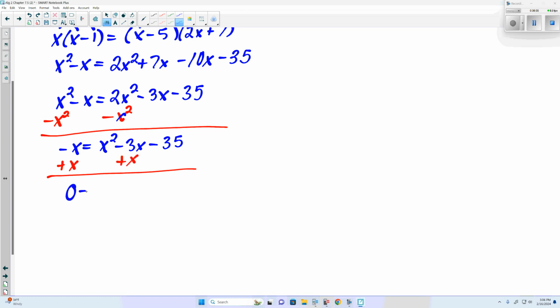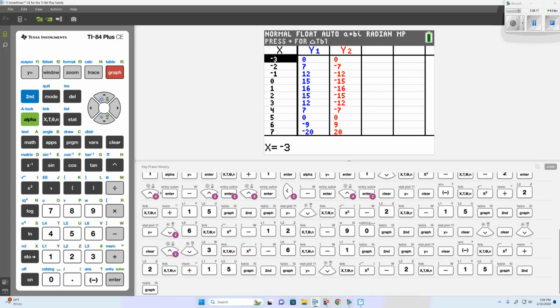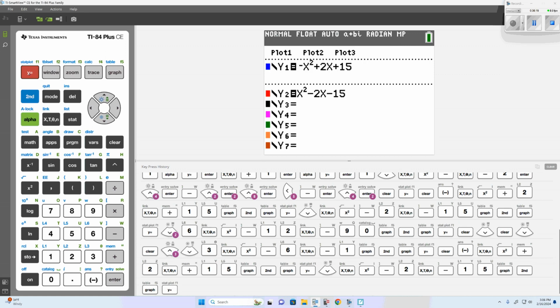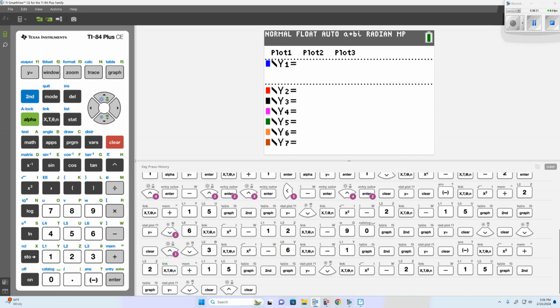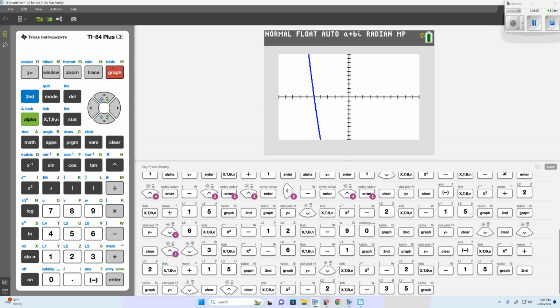Telling us that 0 is equal to x squared minus 2x minus 35. X squared minus 2x minus 35.